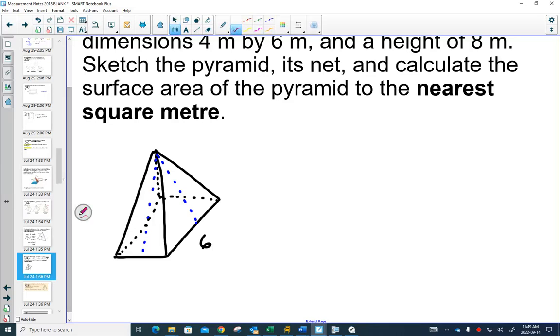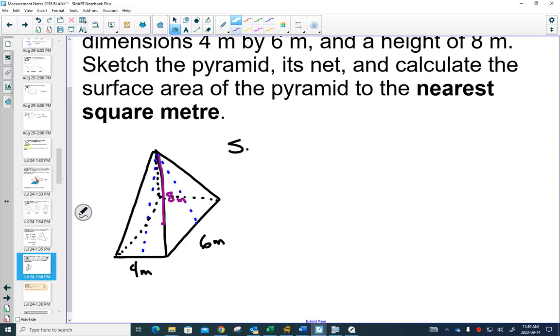Sorry, I'm trying to use lots of colors so I can visualize this even better. They tell us the height is 8 meters. This is 4 meters. This is 6 meters. Calculate the surface area.